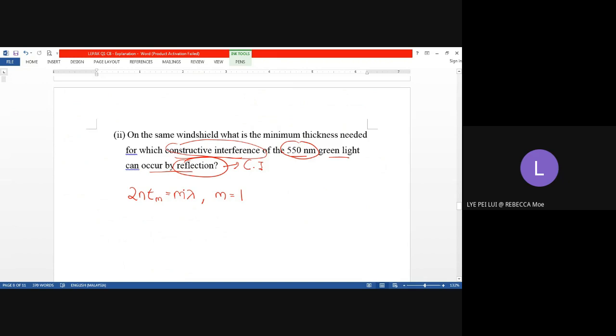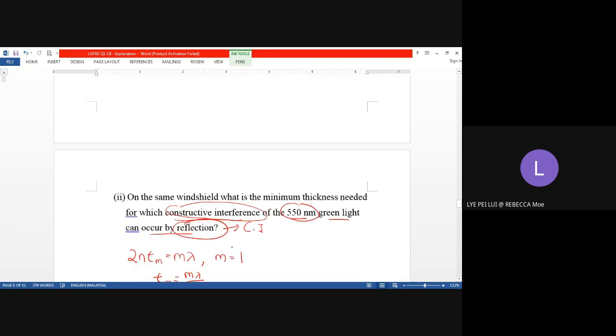So t_m equals m lambda over 2n, substituting order 1 and 550 times 10 to the negative 9, over 2 times n.